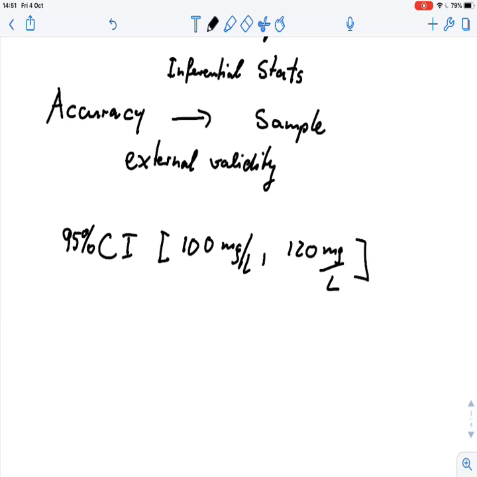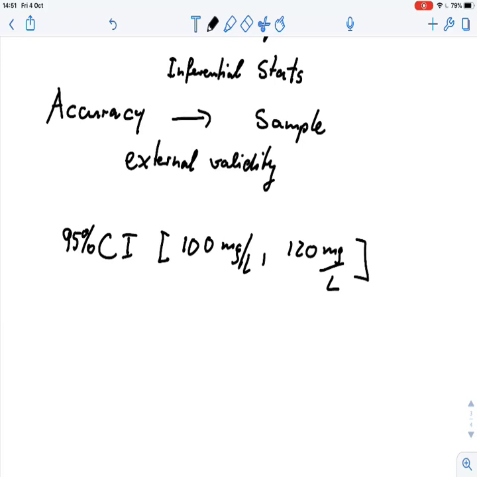Every sample always, by default, has a confidence interval, because I can calculate a standard deviation, I have a sample size, and I can find out the critical t-value. So whenever I take a sample, I always have a confidence interval.